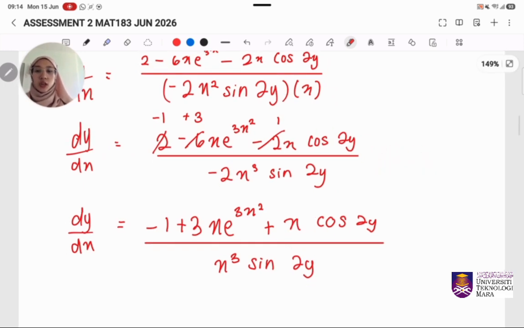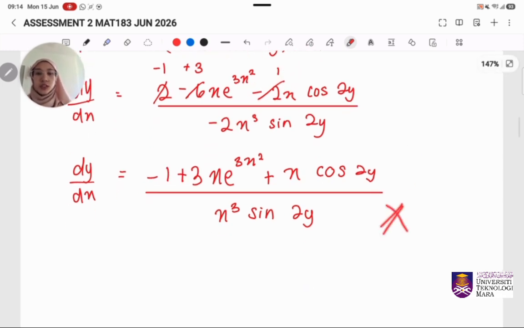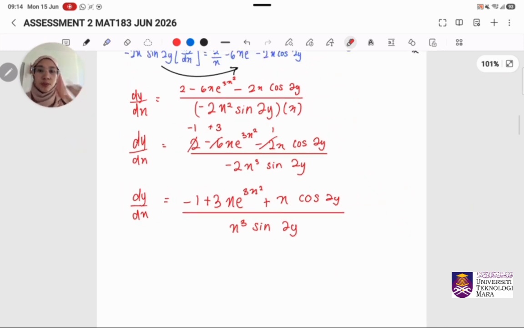Okay, so 2 divided by negative 2 becomes negative 1, negative 6 divided by negative 2 becomes positive 3, negative 2 divided by negative 2 becomes 1, but 1 we don't put here. Okay, so this is the final answer for question 3 after simplifying.